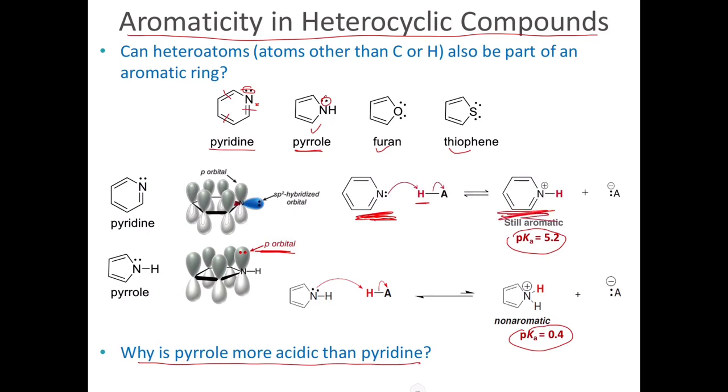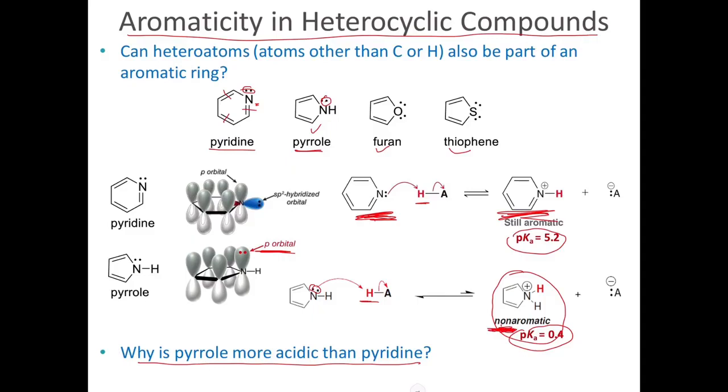Okay? Now, pyrrole utilizes these lone pairs to make it aromatic. But if you want it to act as a base, then it is going to pick up that proton and turn into the conjugate acid. The conjugate acid of pyrrole is non-aromatic. So it does not like that.